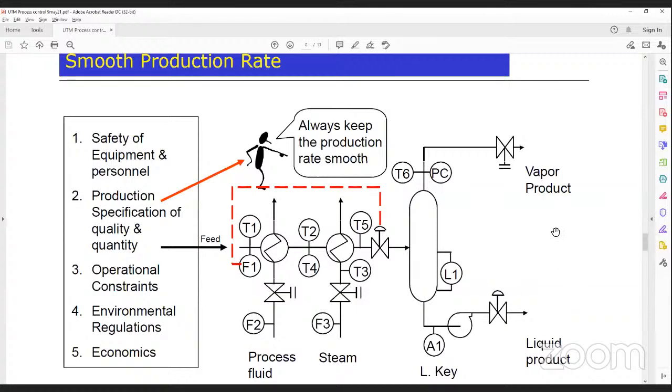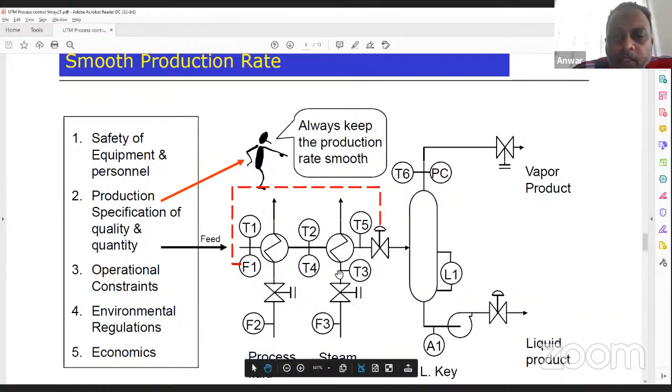Okay. So I think that in terms of selection of the loop, understanding the variable and also the manipulated variable, you all have gone through in your studies, which will be beneficial for you to understand those.